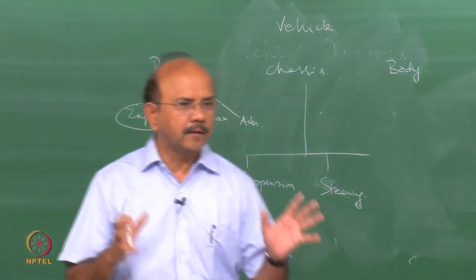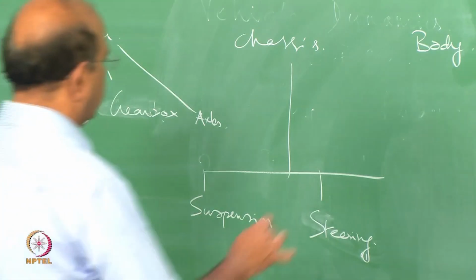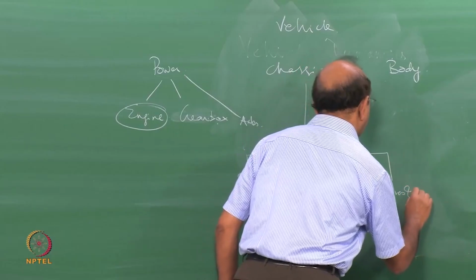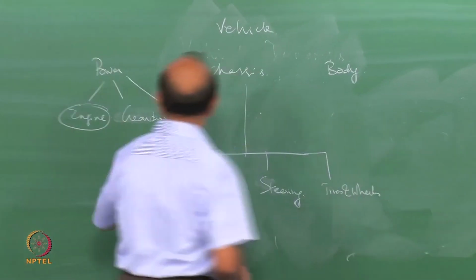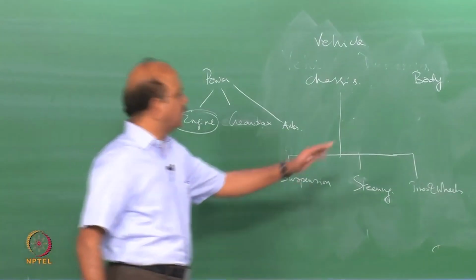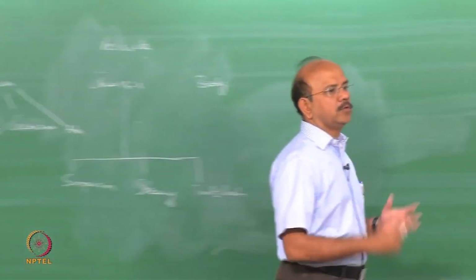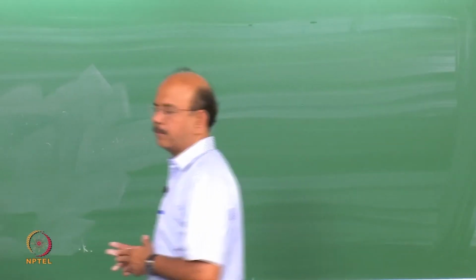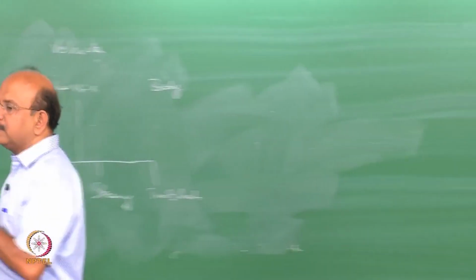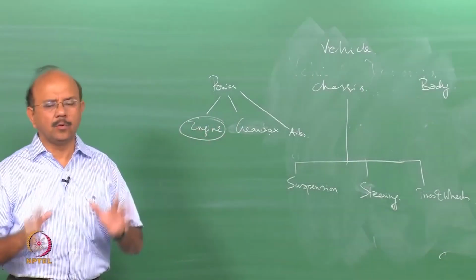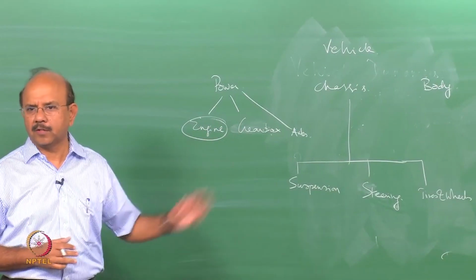And you are looking at tires and wheels, which you can include here, or you can include in the axle system. Okay. Of course, you have the body, which makes you comfortable to sit in the vehicle or carry goods and so on. So broadly, this is not complete, but I know that you know all these things, you know the mechanisms of many of these things, so I am not going to cover that.